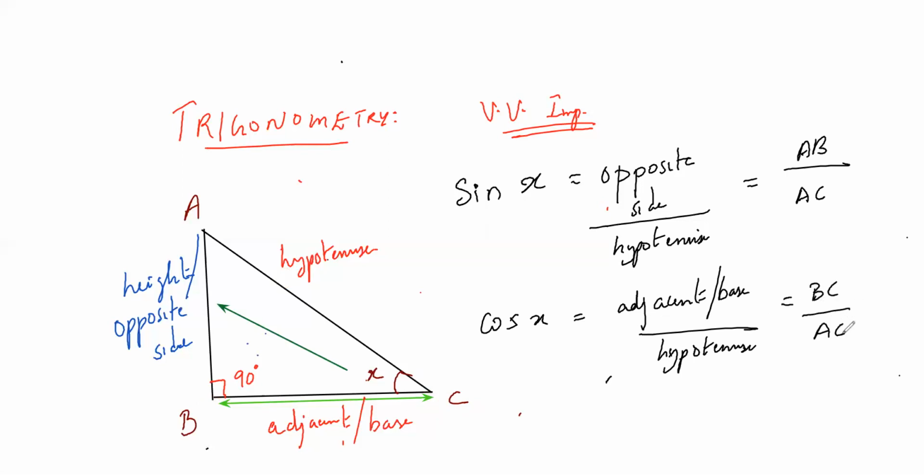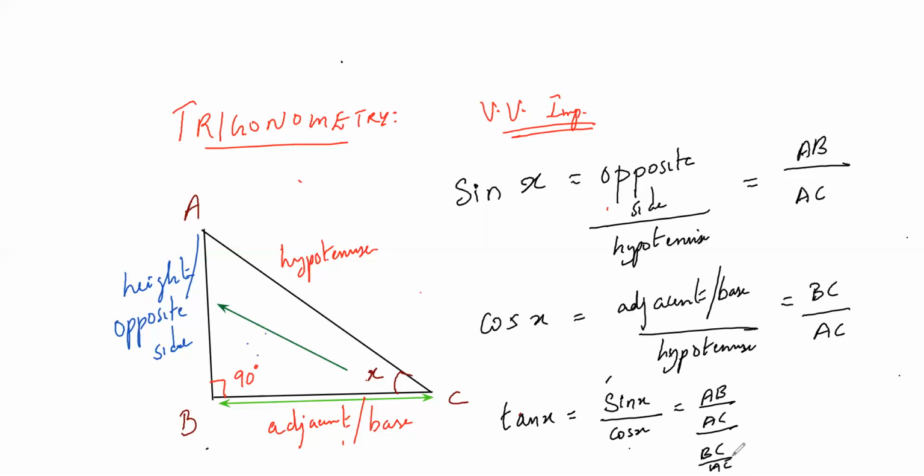Next coming tan X. Tan X is generally sin X by cos X, which is nothing but AB by AC divided by BC by AC.